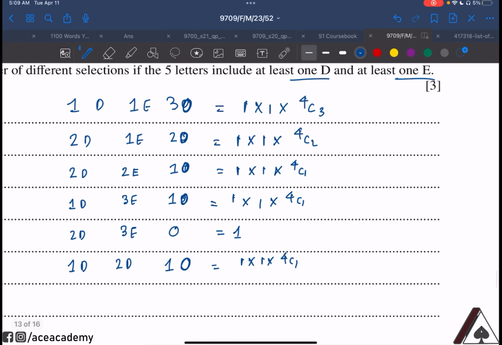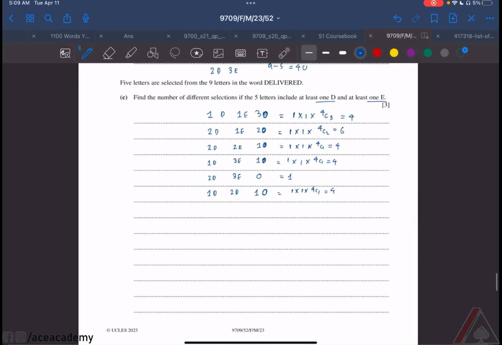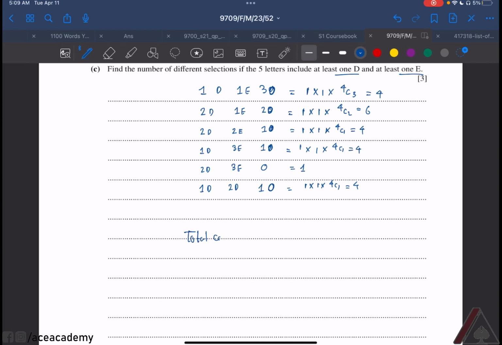So 4C3 gives 4, 4C2 gives 6, 4C1 gives 4, 4C1 gives 4, and then finally 1, and then 4. So total combinations is 4 plus 6 plus 4 plus 4 plus 1 plus 4.